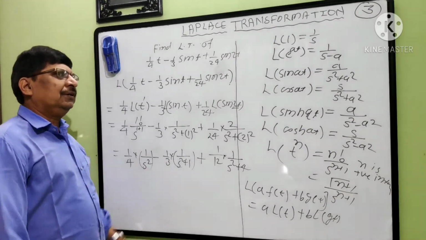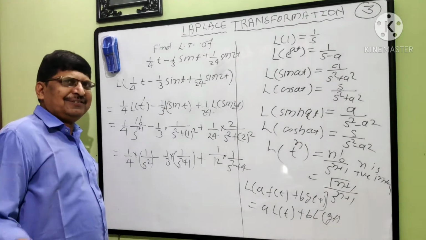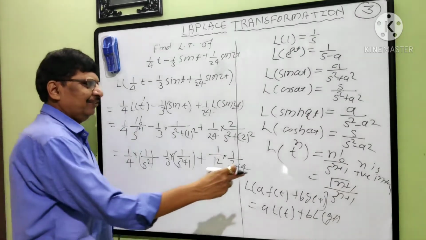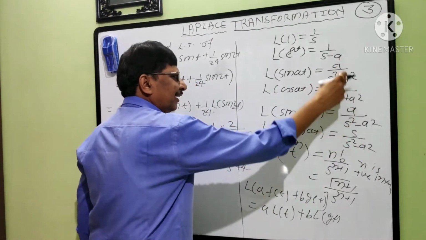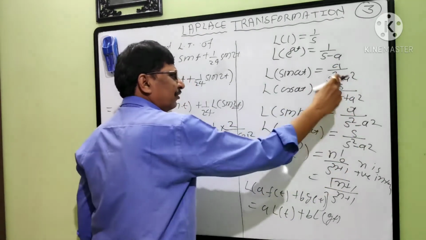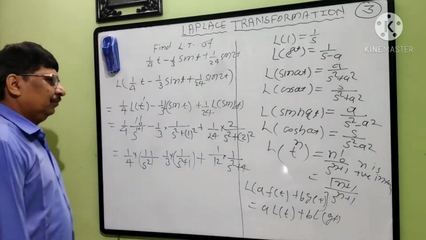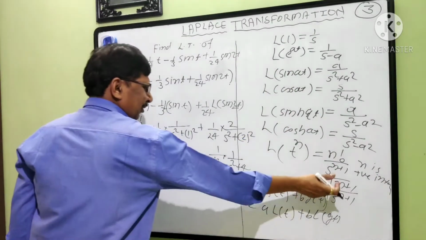And if hyperbolic, in the denominator there is s square minus a square, and for simple trigonometric, in the denominator s square plus a square. Here n factorial is used if n is a positive integer, otherwise use the gamma notation.